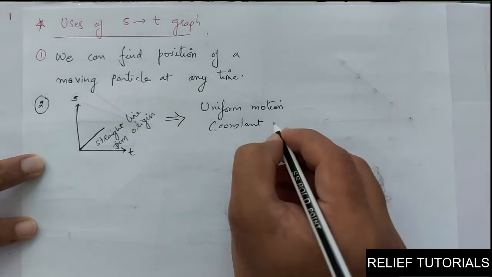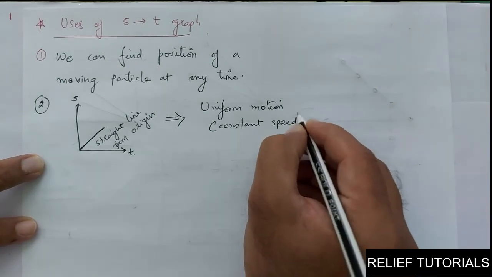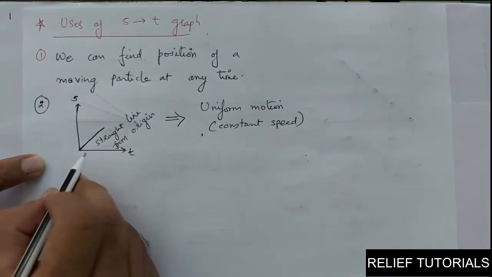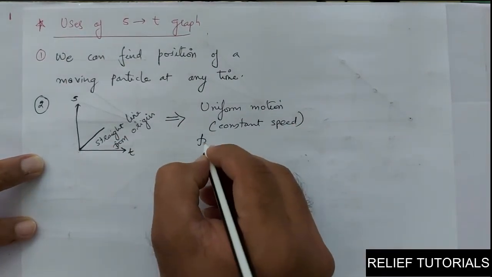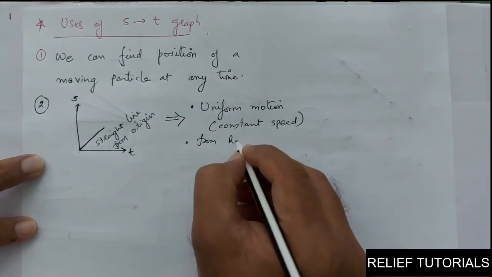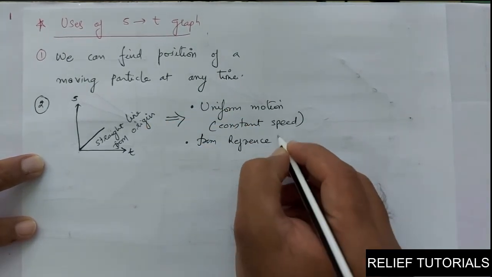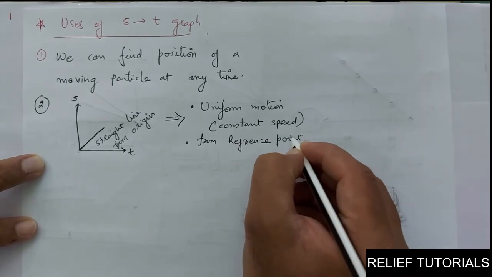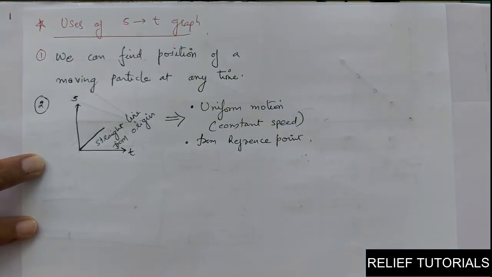The speed remains constant, and here the graph starts from the origin, which means the particle starts its journey from the reference point. Just by looking at the graph, you have to find out these things.